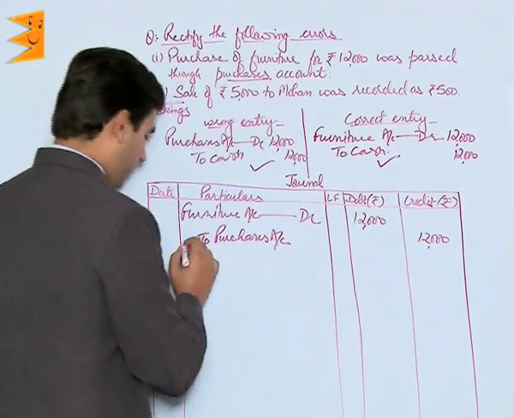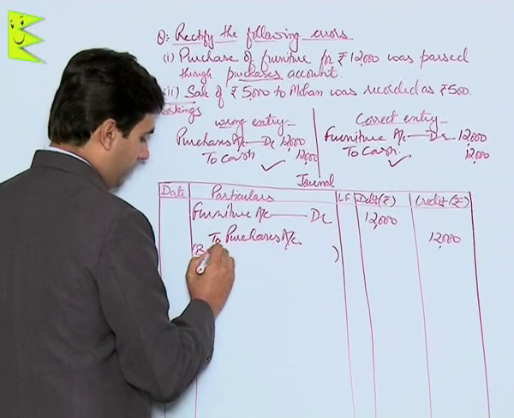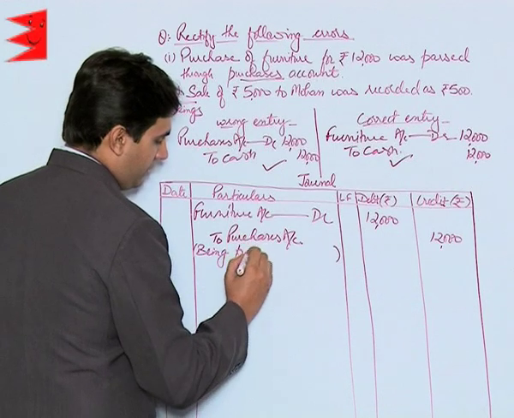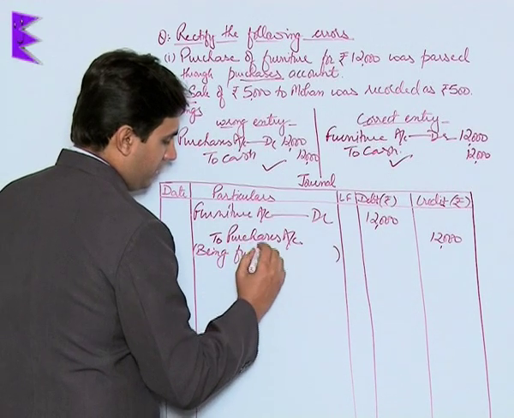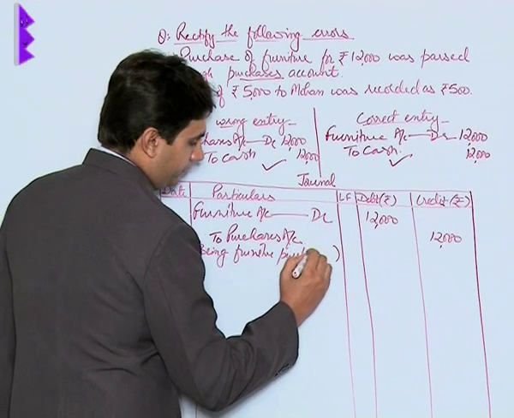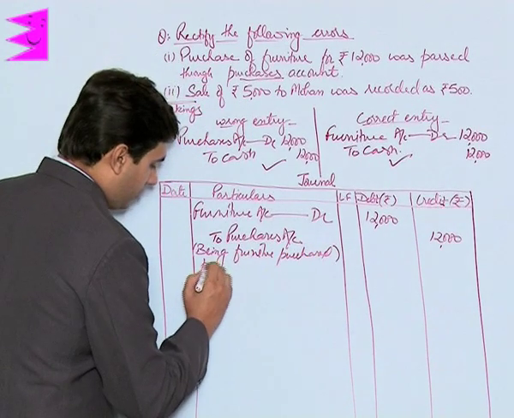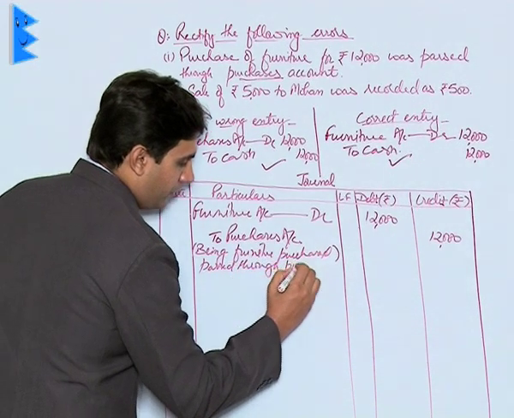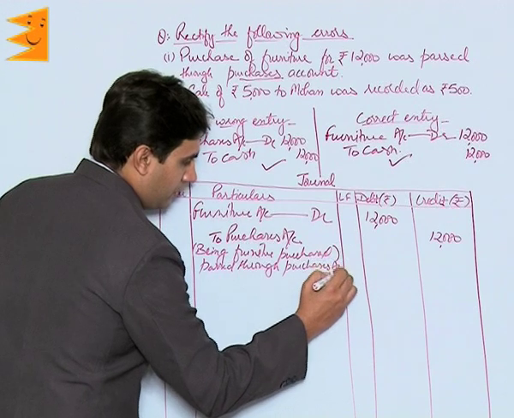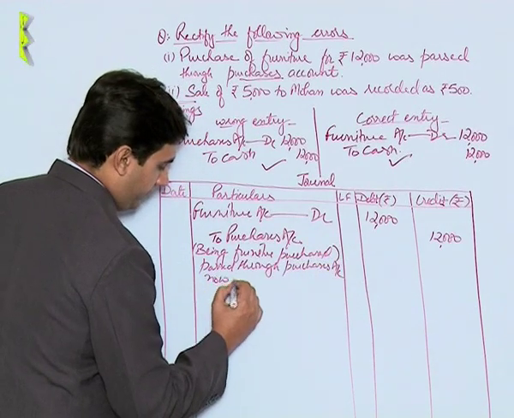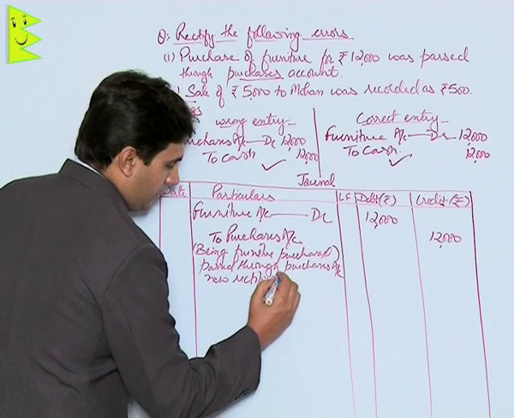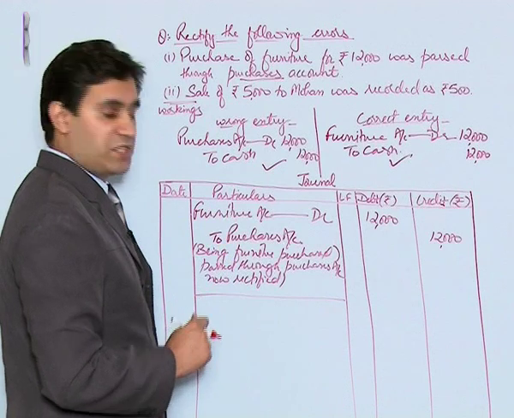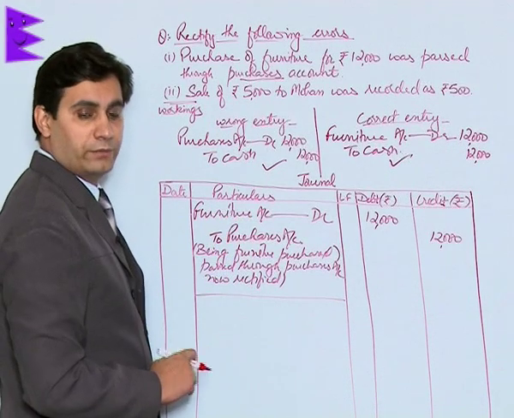The narration in this case would be being furniture purchased passed through purchases account now rectified. Since we had purchased furniture but it was recorded as purchases account, now it has been rectified.